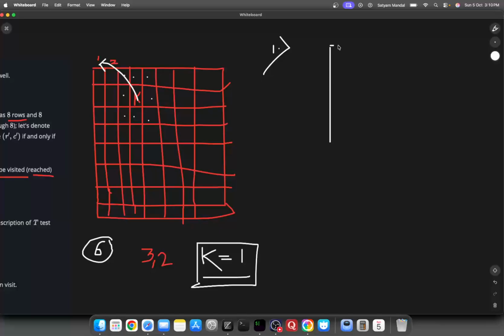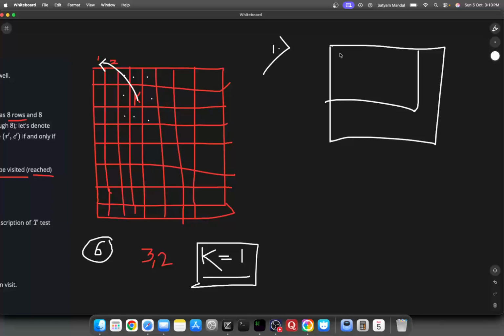Remember I told you if you want to calculate the distance between two points, it's a simpler one.